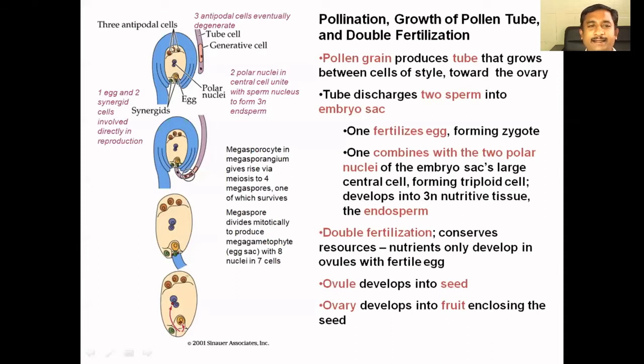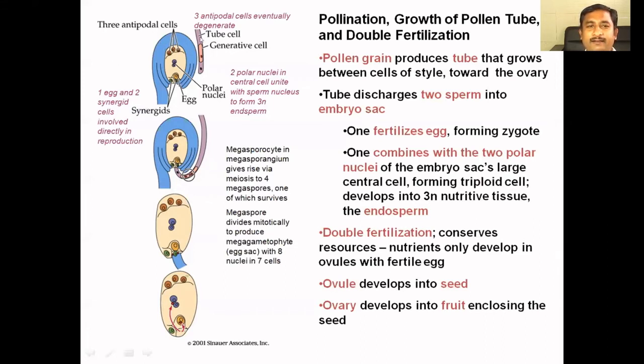In the center there are two polar nuclei. Here you can see three, here you can see three. This side three, this side three, six, and there are two polar nuclei. Combined, there are 8 cells.